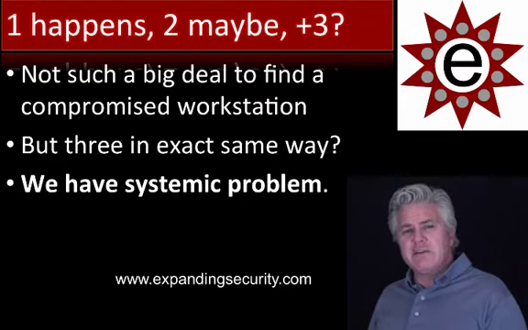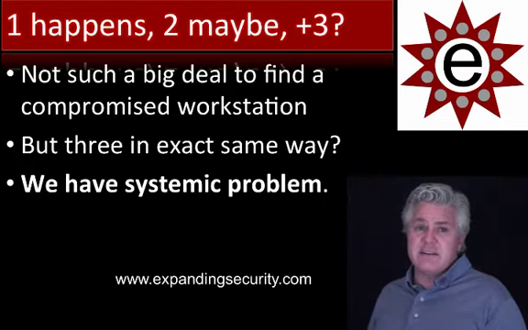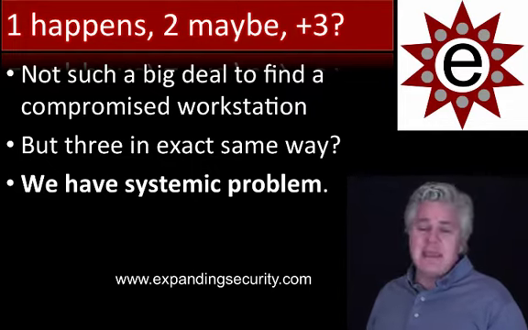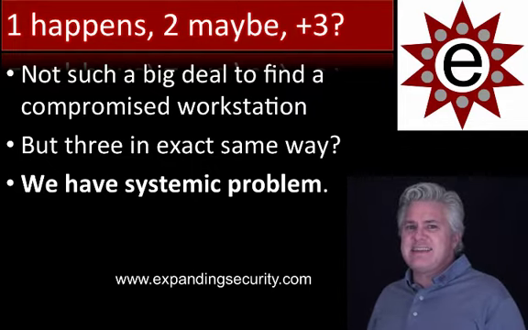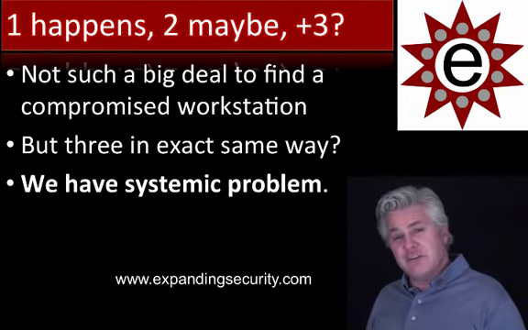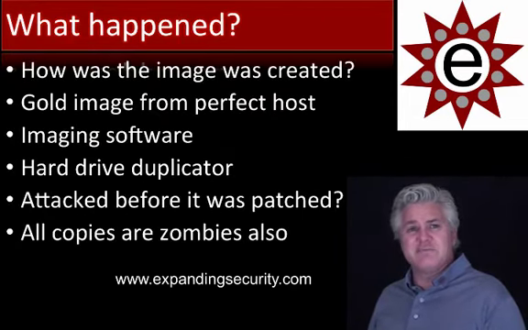When it happens to one, it raises an eyebrow, and we think, okay, there's going to be a lot more that's been attacked here. Two, in the exact same fashion, maybe that happens. But three, in the exact same way, something's really wrong, and we have a systemic problem. Houston, we have a problem. Unfortunately, and fortunately, we won't hear those words again for the foreseeable future in the U.S.